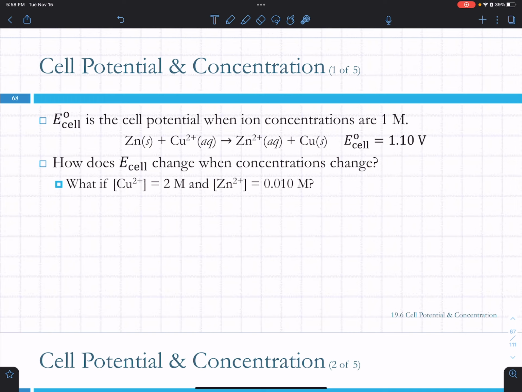Of course, most things don't take place at standard conditions where everything is 1 molar in concentration. So what happens if the concentrations are different? You might be tempted to just swap K out for Q. That doesn't quite work. That only tells you how different it is from standard conditions.